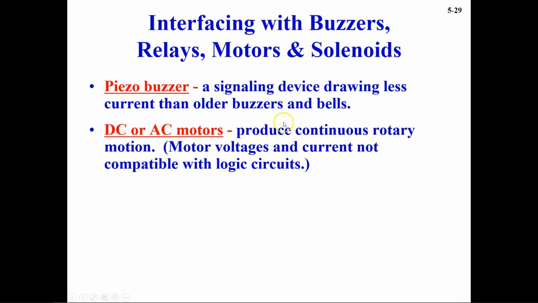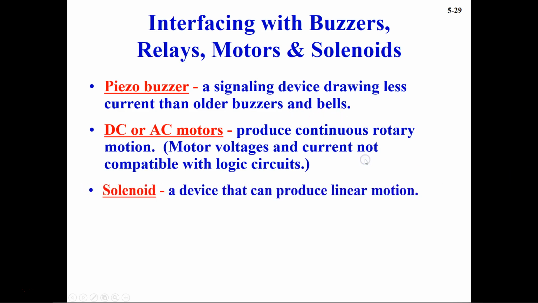Motor voltages and currents are not compatible with logic circuits. So when you use these, sometimes the drive capabilities, or these voltage or current parameters, are not compatible with the circuit, so you have to use some auxiliary circuit to connect them together or interface them, and that's what we are going to see next. And then you have a solenoid.